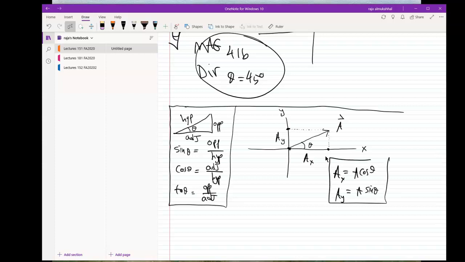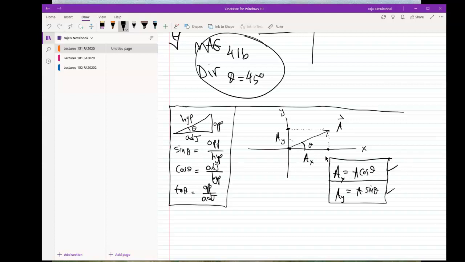I would urge you to just memorize it once and for all. Ax is always A cosine theta, and Ay is A sine theta, provided that, and this is very important, the angle theta is measured with respect to the x-axis. If it's with respect to the y-axis, then the reverse is correct. You know what I mean?